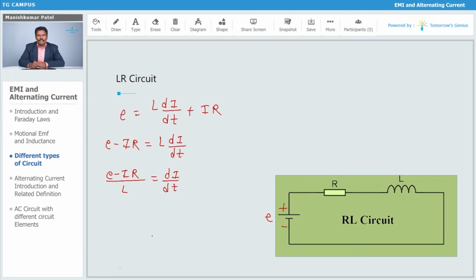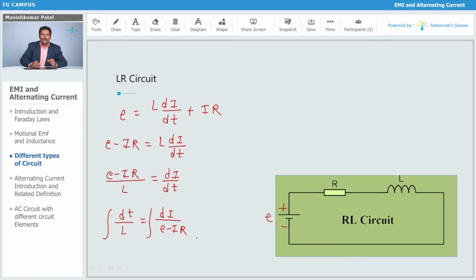Now just separate those variables and simplify. What we get is dt upon L equals di upon E minus IR.